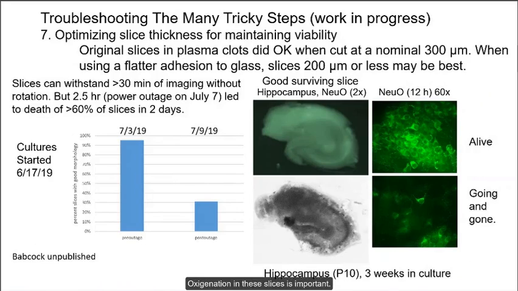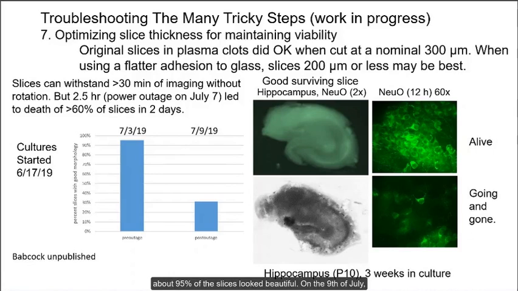Oxygenation in these slices is important. We had a whole bunch going for Marcia's research here, and we had a power outage at CSU, July 5th. And of course, our incubator stopped turning for 2.5 hours. So on the 3rd of July, about 95% of these slices look beautiful.